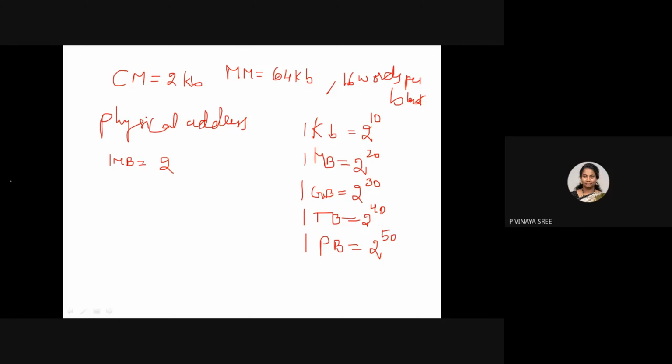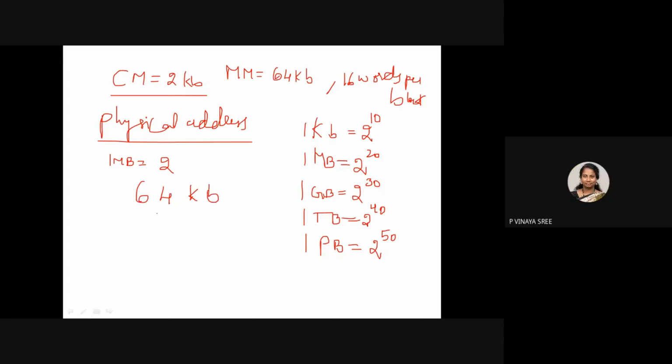So now, how much is this cache memory? But the first question I'm asking is the physical address. Physical address means will you go for main memory or cache memory? Main memory, yes. So main memory is of size 64 KB.